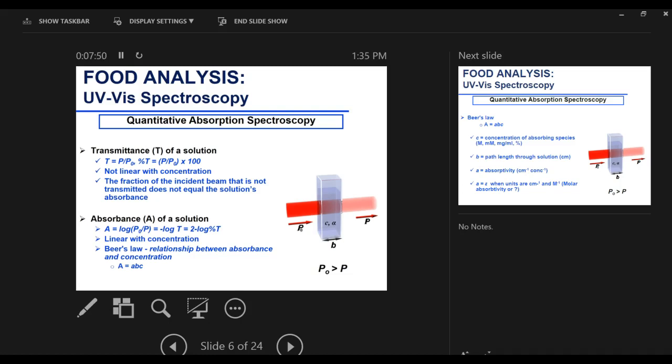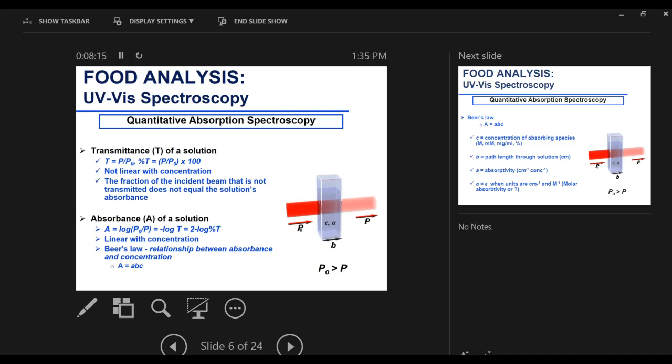And the fraction of the incident beam that is not transmitted does not mean equal absorption, because when the light hits, some of the light can get reflected, some of the light can get scattered by the particulates. So not everything that is not passed through got absorbed.